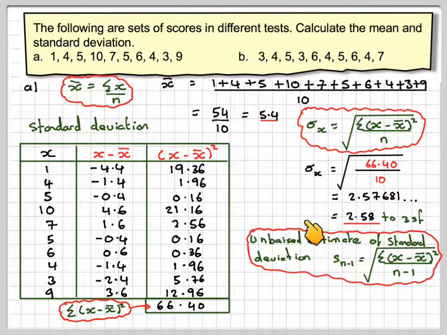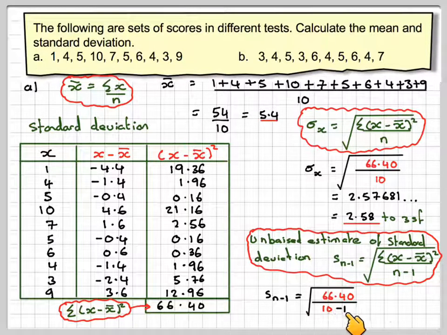And this is the one which is used in the current A-level syllabus. So, S n minus 1 is going to be the square root of 66.40 divided by 10 minus 1, which is 2.716. So this is a better estimate of what the standard deviation would be for the population.